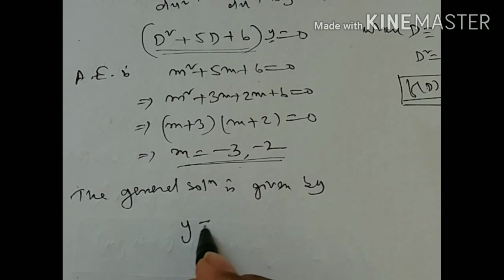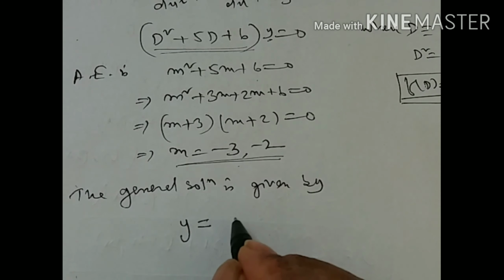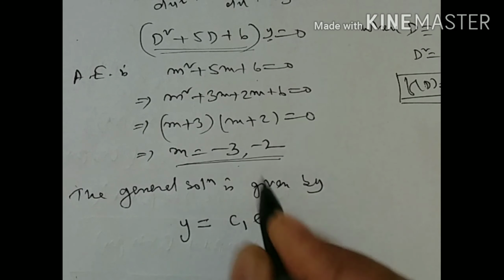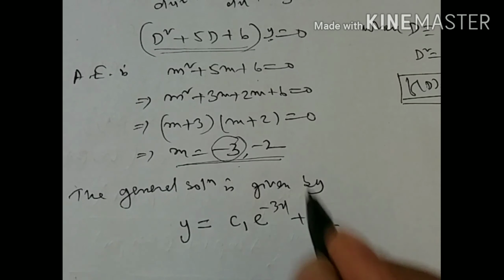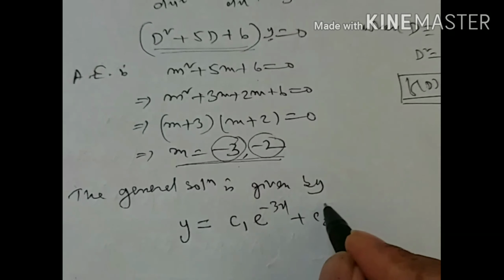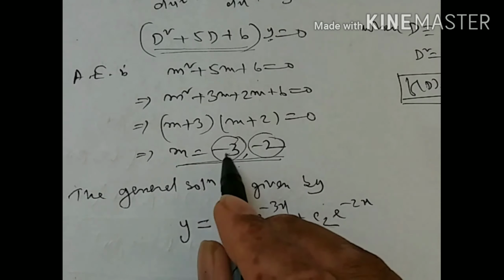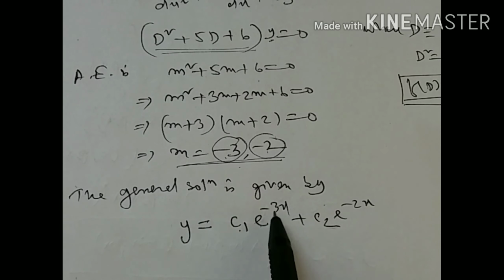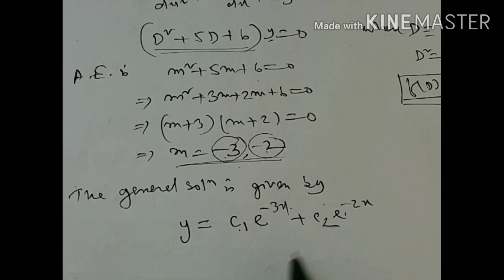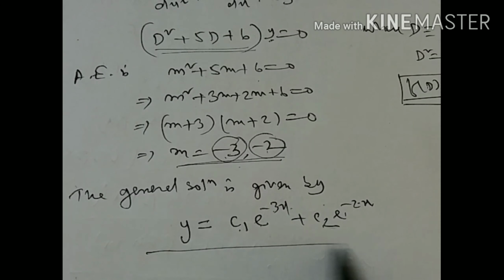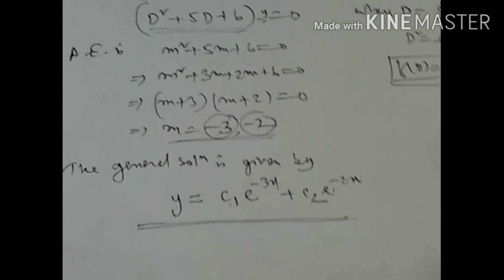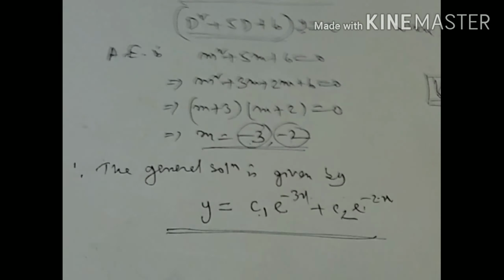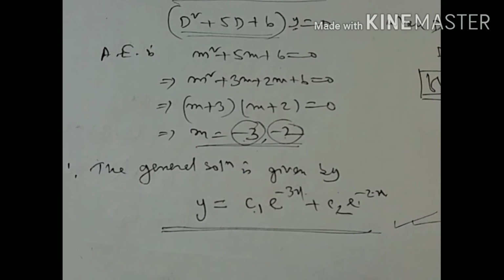So y equal to c1 e to the power first root, minus 3x, plus c2 second root e to the power minus 2x. This is m1 and m2: c1 e to the power m1x plus c2 e to the power m2x. This will be your general solution for this equation, where c1, c2 are two arbitrary constants. So if roots are real and distinct, the solution will be this.